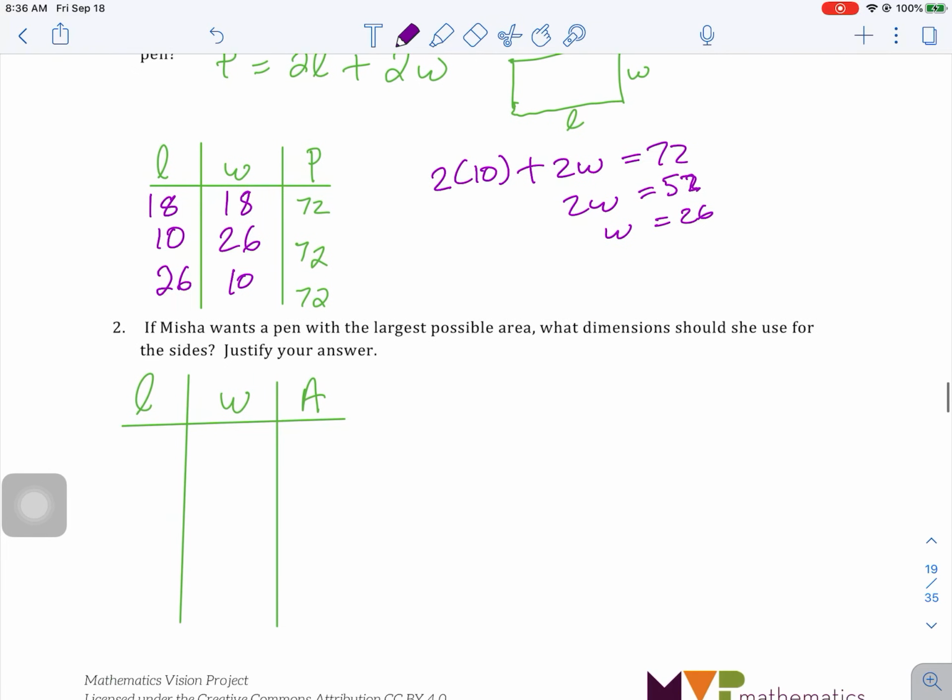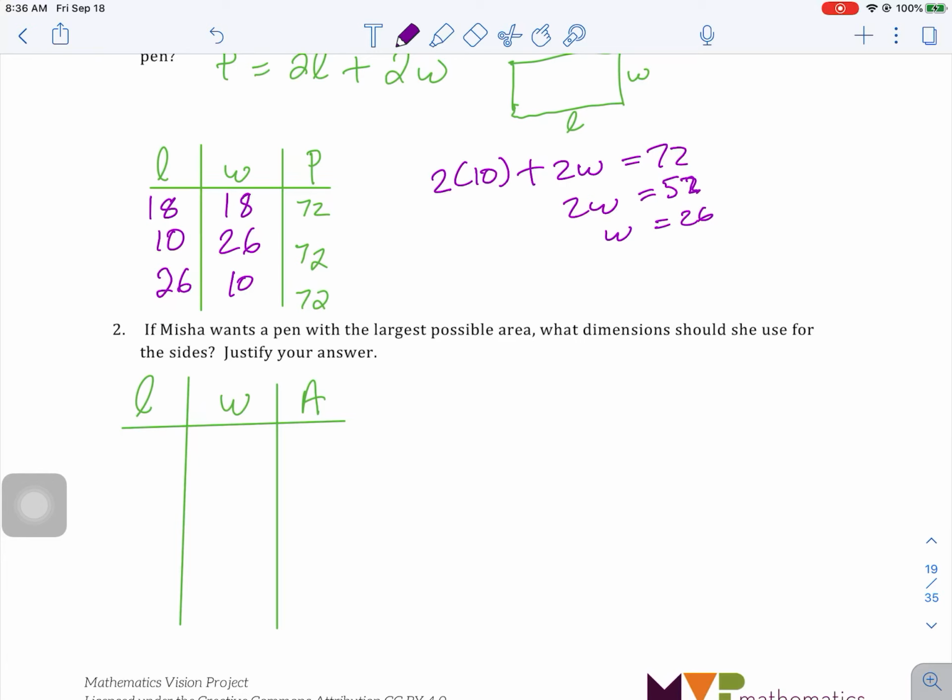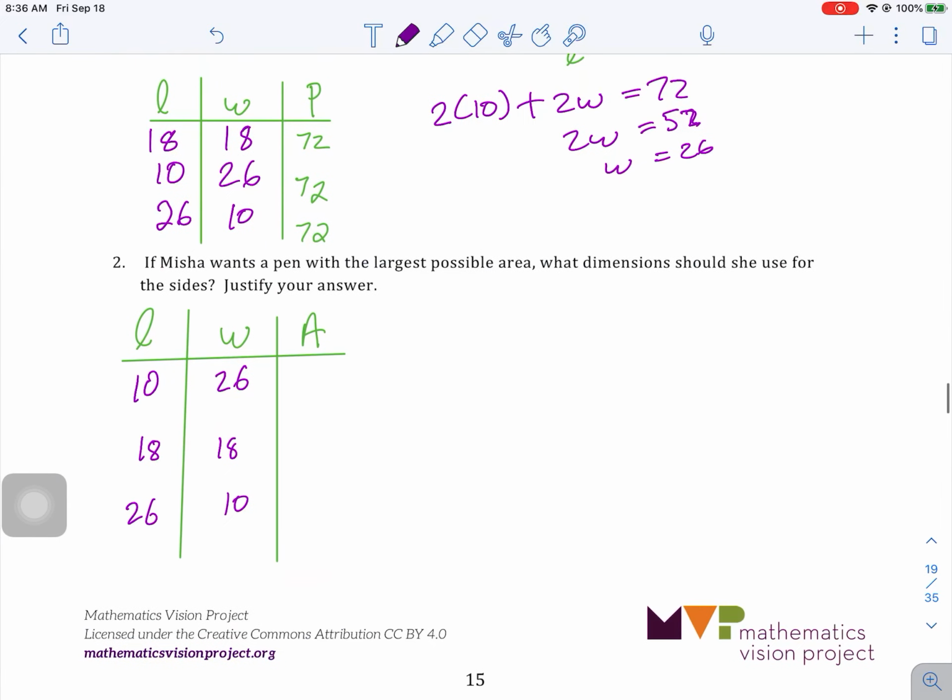The question is, what is the largest area? You can try a lot of different things here in a table. Like 10 and 26, 18 and 18, and 26 and 10 are some possibilities. Area is length times width. So in this case, 260.